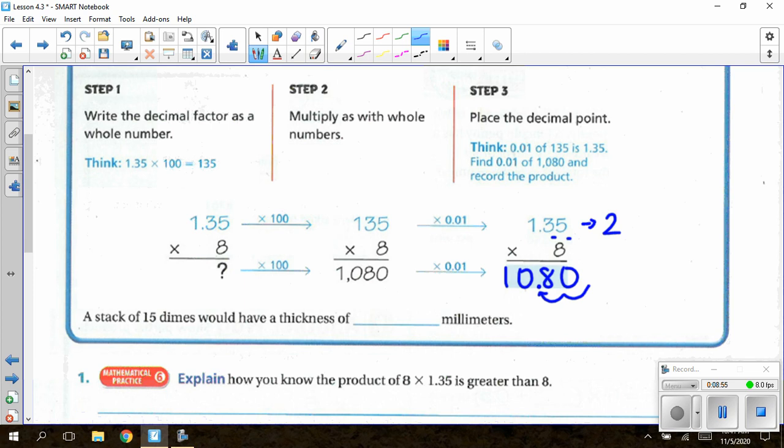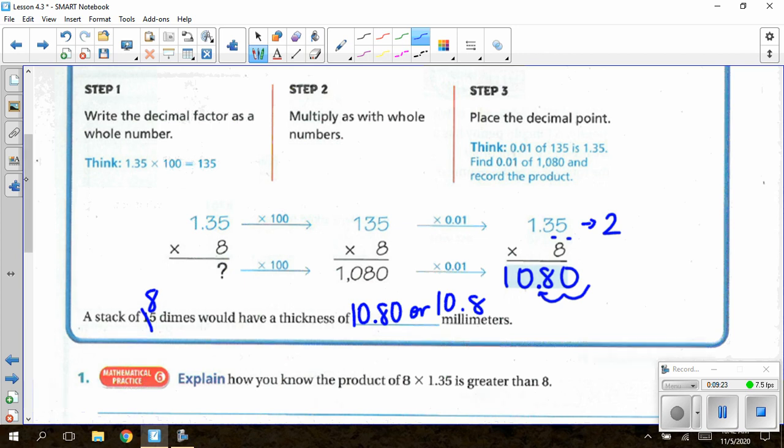So a stack of, oh sorry, that should be 8 dimes. A stack of 8 dimes would have a thickness of, we could either write 10 and 80 hundredths, or I do not need the 0 behind the 8. I could also just say 10 and 8/10.